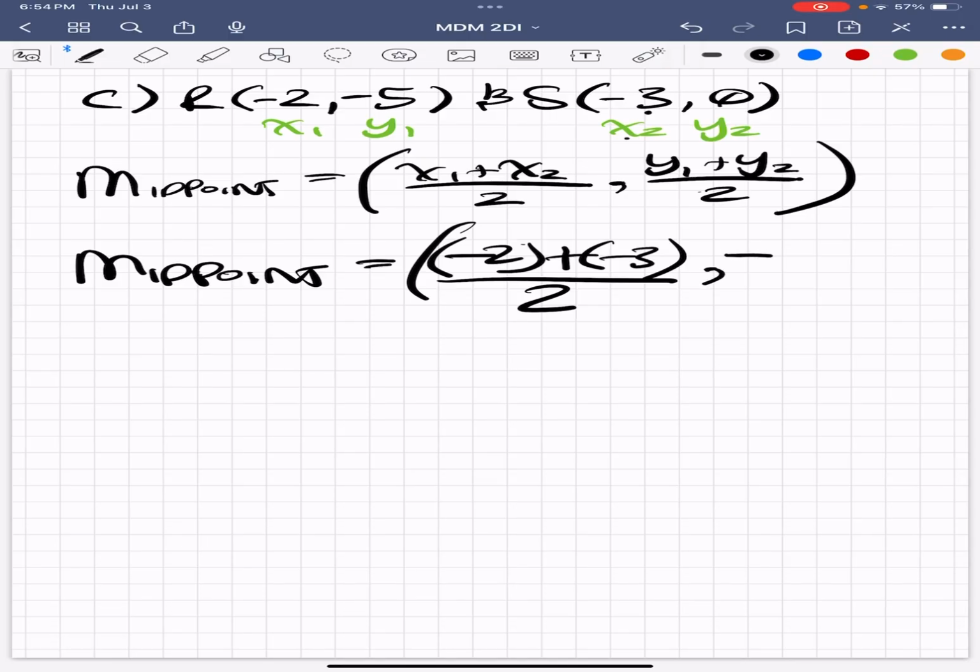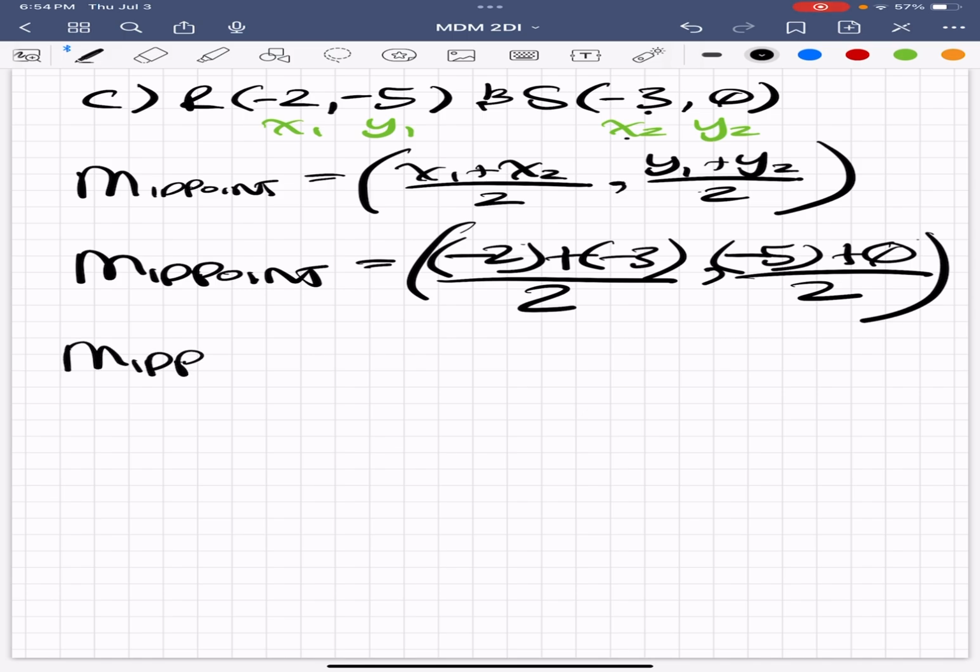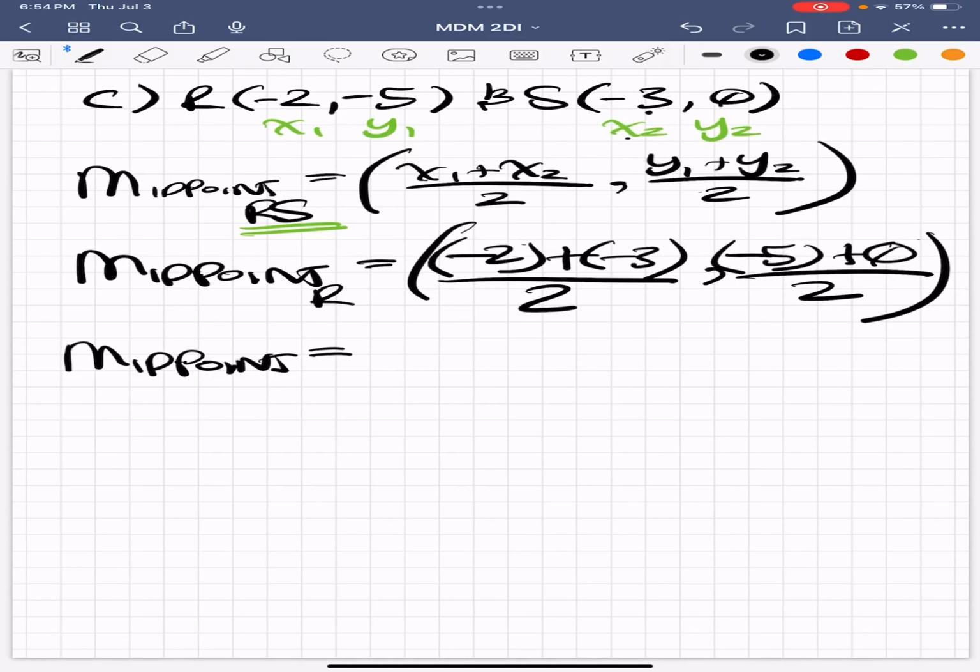So we'll have negative 5 plus 0, all over 2. So this is the midpoint of RS.